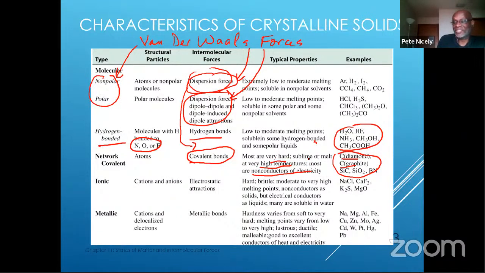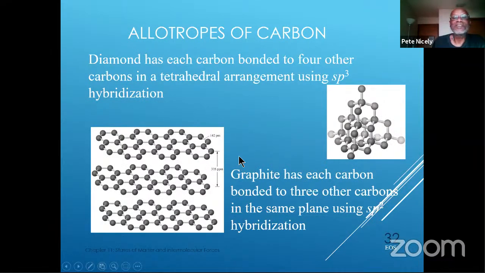Oh, by the way, I should mention something. Speaking of conductors of electricity, in the case of graphite, these are very good conductors of electricity. So graphite is a good conductor of electricity. And the reason why that is so, I should have mentioned this before, is because you have pi electrons here, which are delocalized, right? They're not shown here, but you can take my word for it. You have delocalized pi electrons, right?